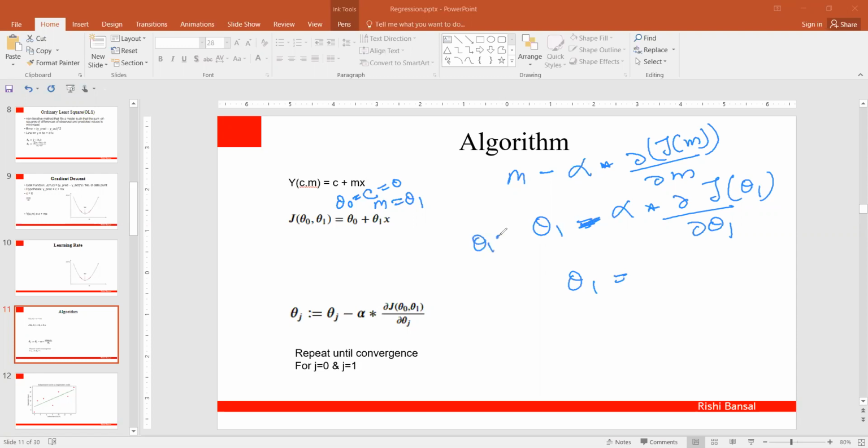So for theta 1, in algorithm terms, I am putting this for simultaneous update. Okay, so theta 0 will be theta 0 minus alpha into partial derivative of J of theta 0 by theta 0.